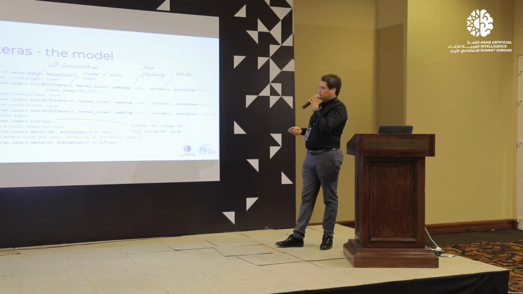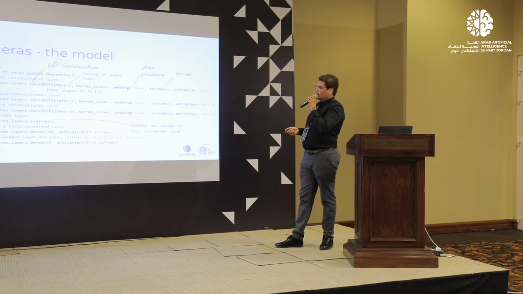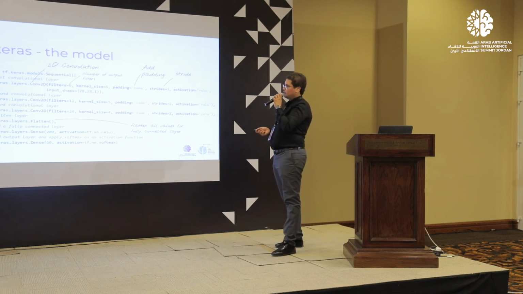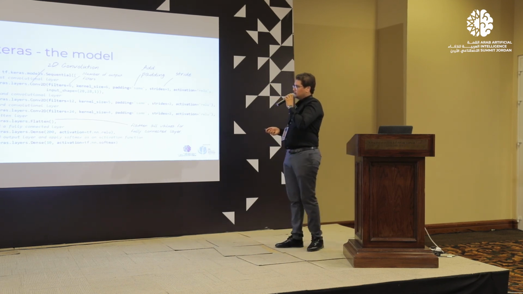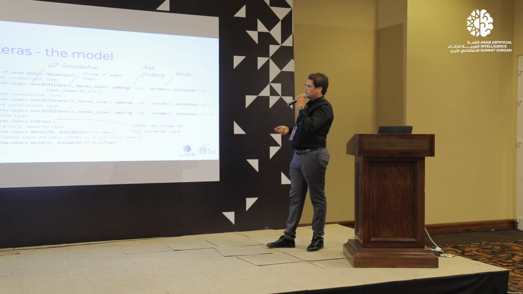In order to create this model, we'll use tf.keras. We just have to change the type of layer here. Instead of dense, we will use conv2d. For the output channels in the first layer, we'll choose 6. The size of the kernel will be 6 pixels by 6 pixels, and the padding is the same, so we are adding some pixels at the edges.